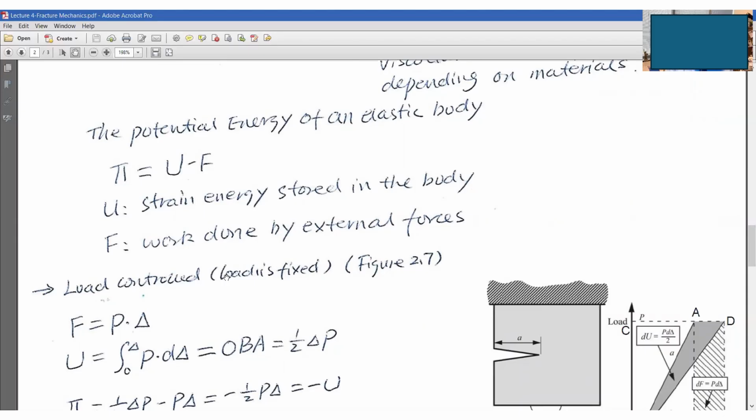Even though I do not require you to do experiments for this course, I still want to prepare you with the necessary skills and knowledge about how to conduct experiments related to fracture mechanics specimens. Load controlled, as the name suggests, means the load is fixed. I will not change the load, and for different scenarios I keep using the same load.